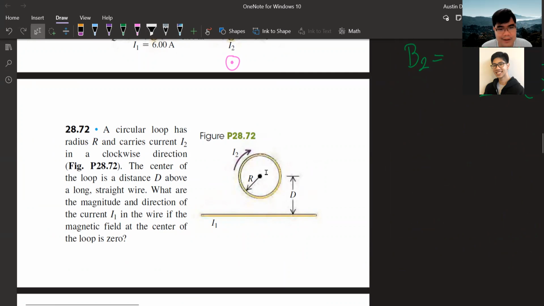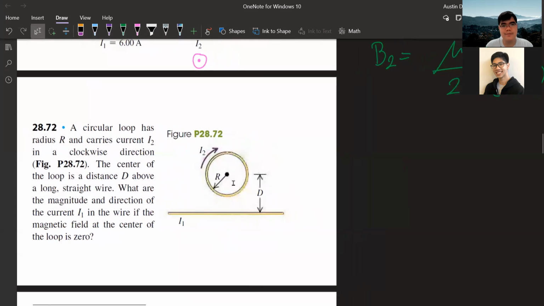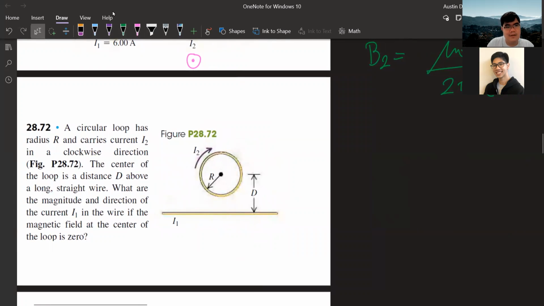So, by the right-hand rule, the magnetic field inside is into the page. So, the magnetic field due to the loop, B2, is into the page.